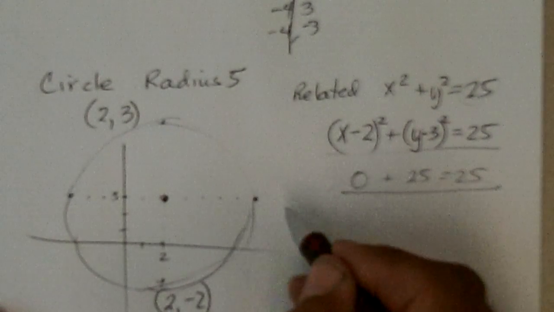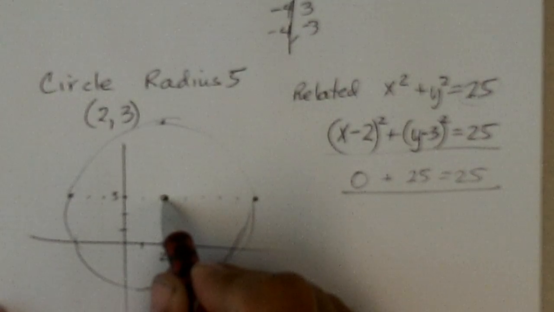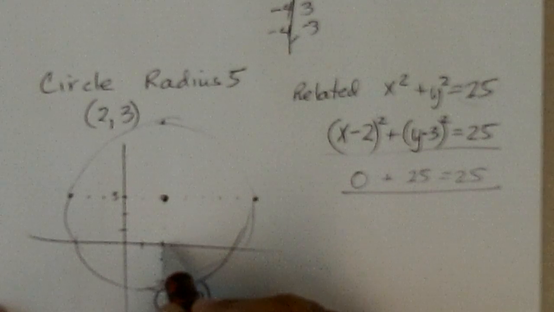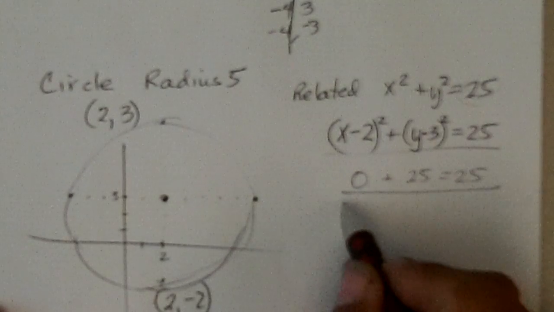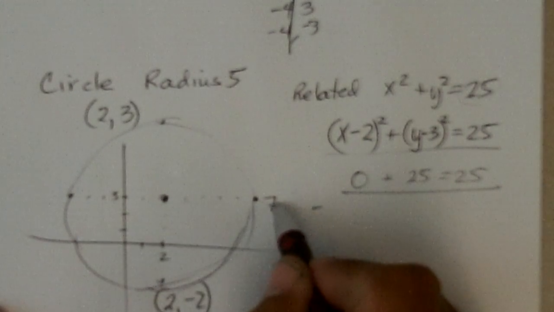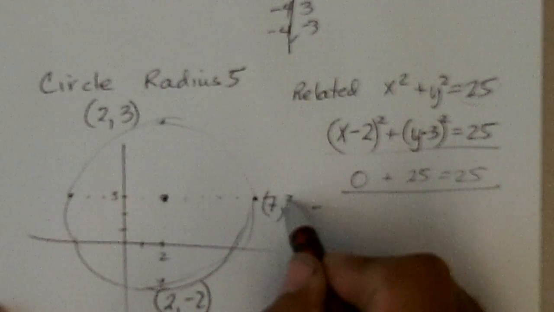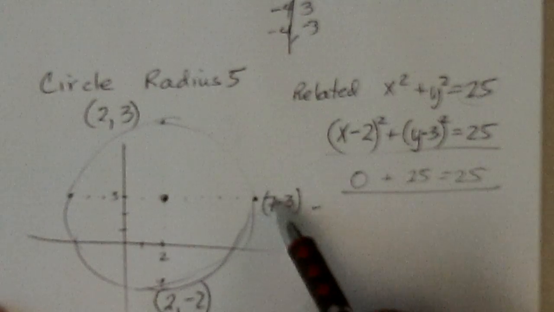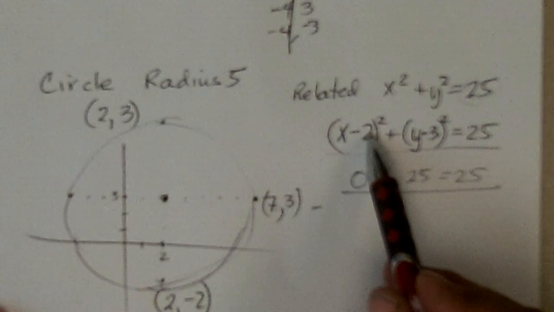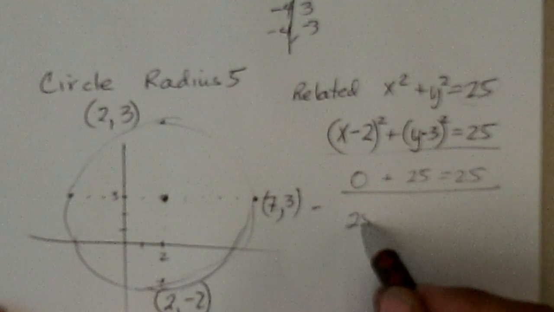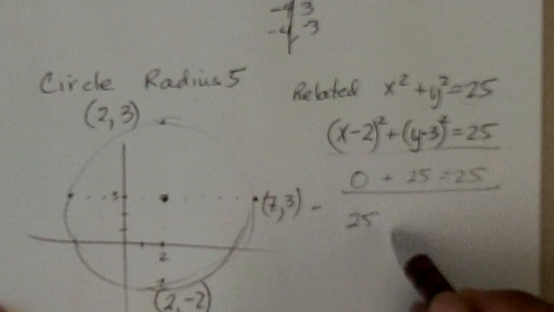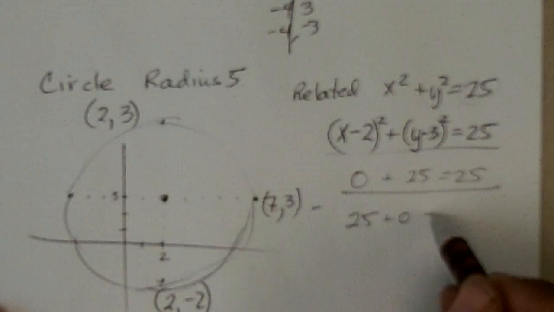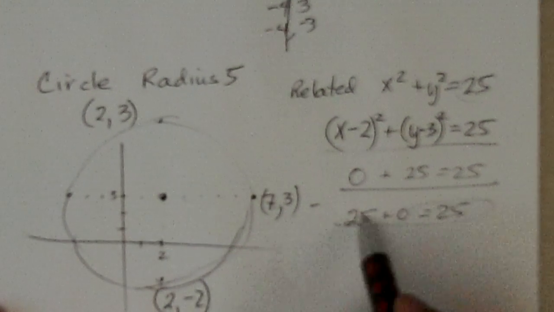And if you go around and do the other ones, this would have been over 2, 3, 4, and 5 is 7, and up 3. That should work in this equation. Let's just check that one. 7 minus 2 is 5, squared is 25. 3 minus 3 is 0, squared is 0, equals 25.